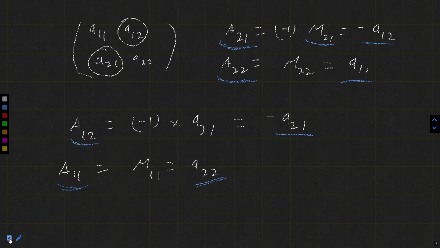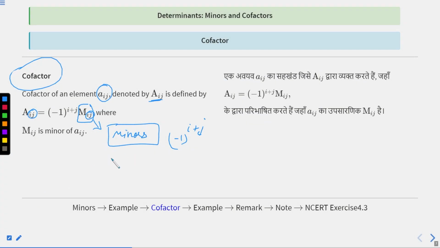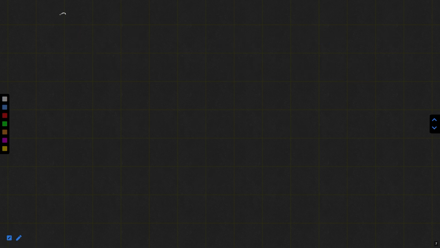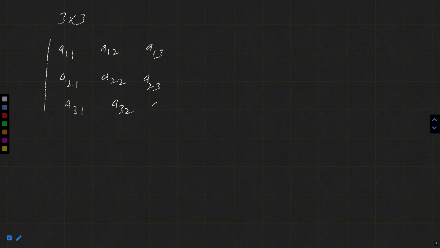Simple. Now what about a 3 cross 3 matrix? For 3 cross 3, we have A11, A12, A13, A21, A22, A23, A31, A32, A33. Clear?